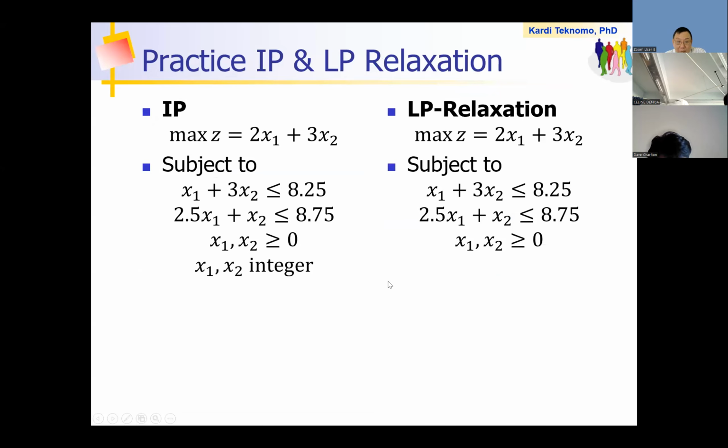So now, can you solve this? Let's practice. I want you to do this practice.